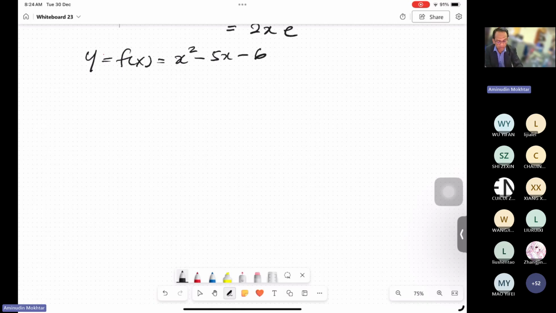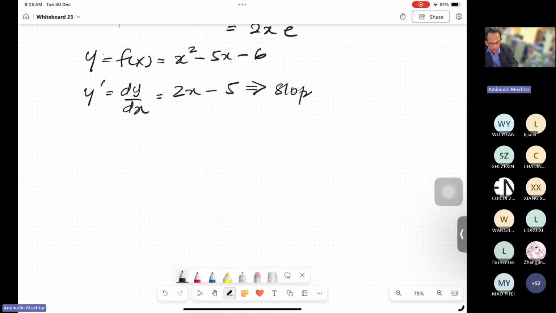The first derivative of this function, y prime or dy dx, is equal to 2x minus 5. This equation, the first derivative of y, 2x minus 5, is also known as the slope equation.